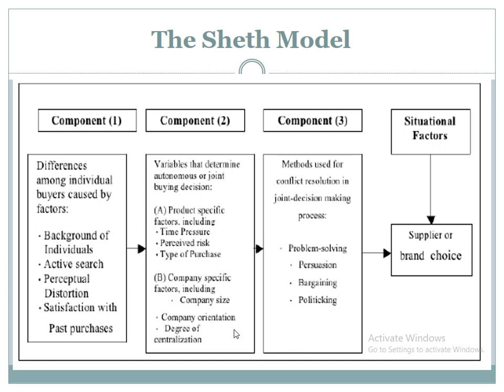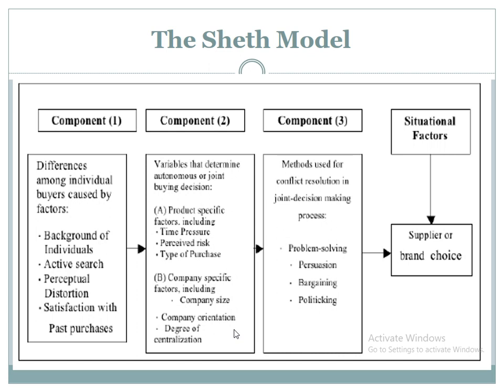In component 2, that you can see in the figure, there are 6 variables which determine whether the buying decisions are joint or autonomous. According to the Sheth model, the larger the size of the organization and the higher the degree of decentralization, the more will be the possibilities of joint decision making. The methods used for conflict resolution in the joint decision making process are indicated by component 3 in the model.